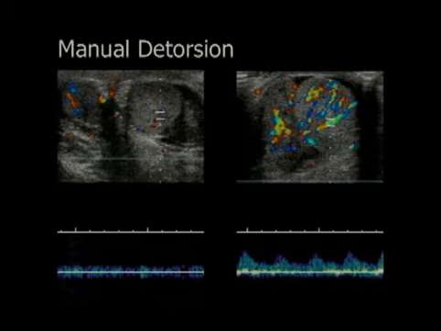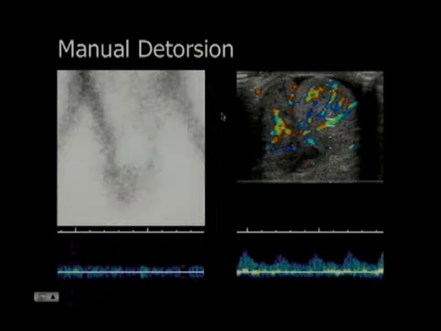This child certainly needs an operation, but can at least afford to wait a few hours if need be, and ultrasound can prove that there now is flow to this testicle and that the surgical emergency is at least bedded for some time. Here's a corresponding nuclear medicine image showing the same thing in this child who is manually detorsed, showing increased blood flow to the previously torsed testicle.